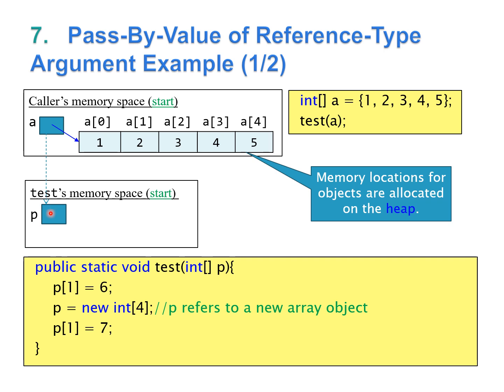But the value being copied is the reference or memory address of the array object created in the caller. So at this point, the parameter p refers to the same array object as the array variable a in the caller. In other words, p[0] is the same as a[0], p[1] is the same as a[1], p[2] is the same as a[2], and so on.